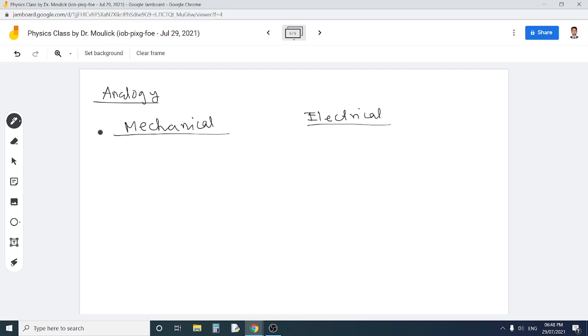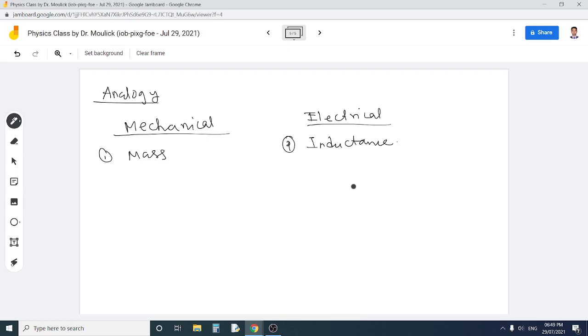In a mechanical oscillator, you have something called mass, which actually oscillates. In an electrical oscillator, you have the inductance, which is actually responsible for the oscillation. In fact, when we were talking about the coefficient of self-inductance, we already told about the physical significance of inductance, that it is similar to inertia in mechanics.